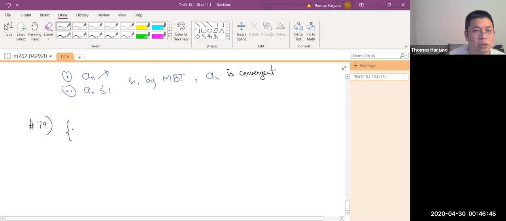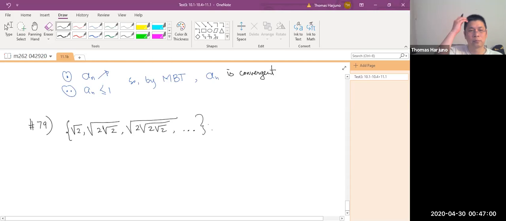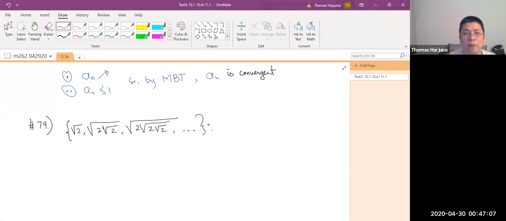The sequence is square root of 2, square root of 2 square root of 2, and so on, going infinitely far. The question is: find the limit.